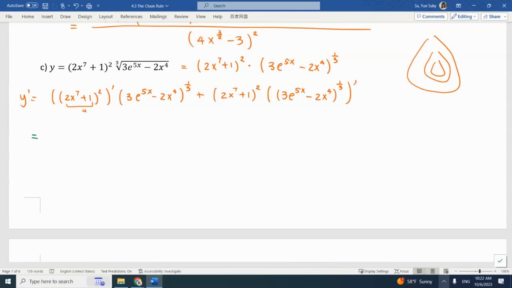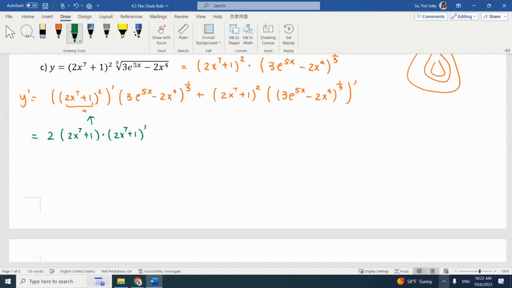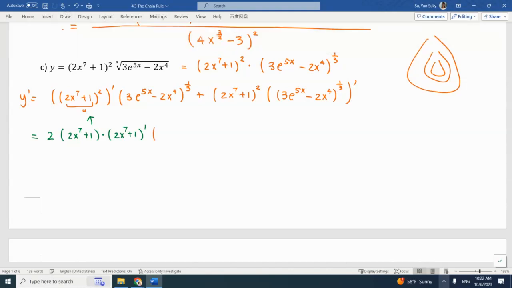So for 2u, don't put the letter u, put the expression 2x to the 7 plus 1. So 2u times u prime. Is that okay, everybody? And this is just the first factor. And you keep going. So multiply by the second factor. For the factor with no prime, we just copy down. Don't change it.